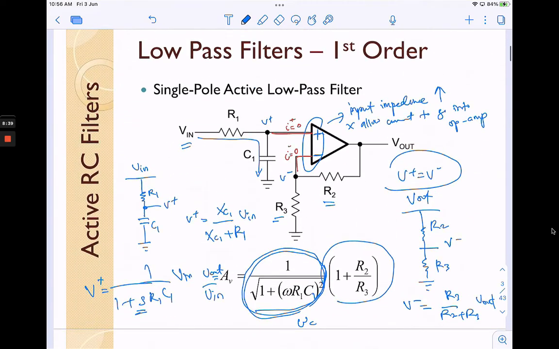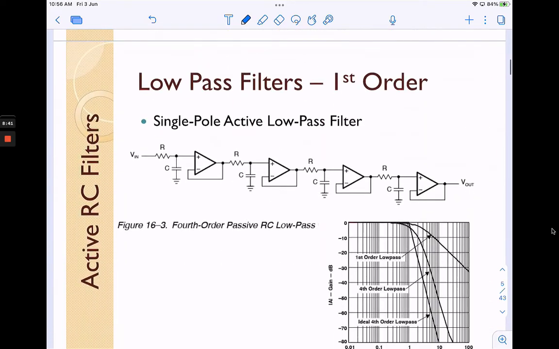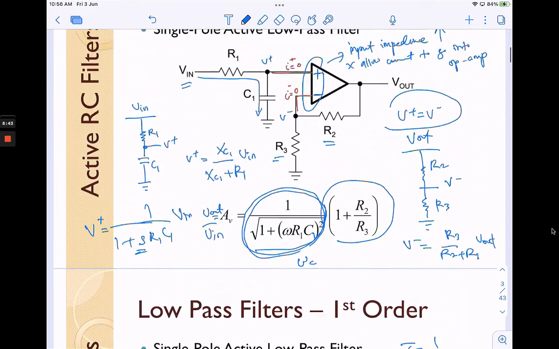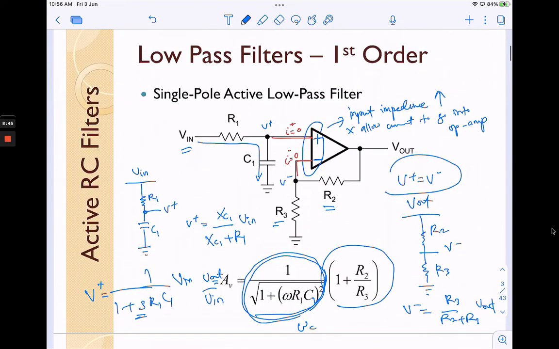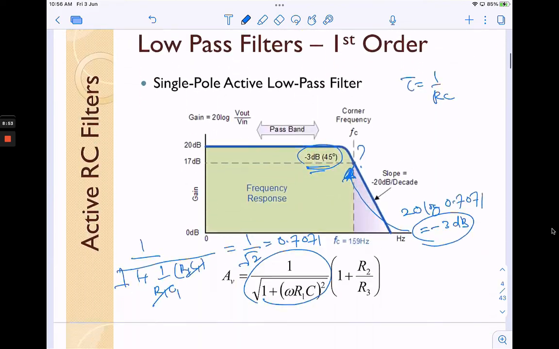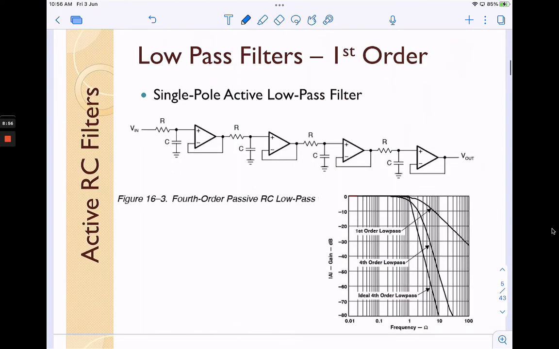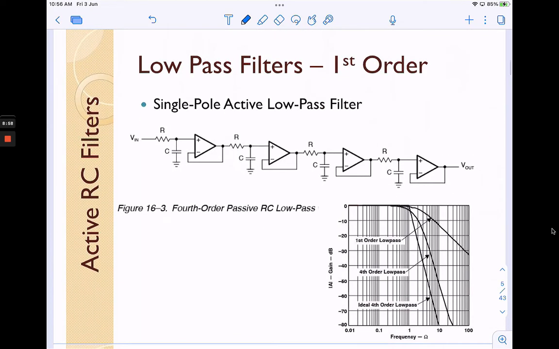So just remember, this single order low pass filter can be cascaded into a higher order low pass filter. For example, we can cascade 4 times in this case. So this is unity.